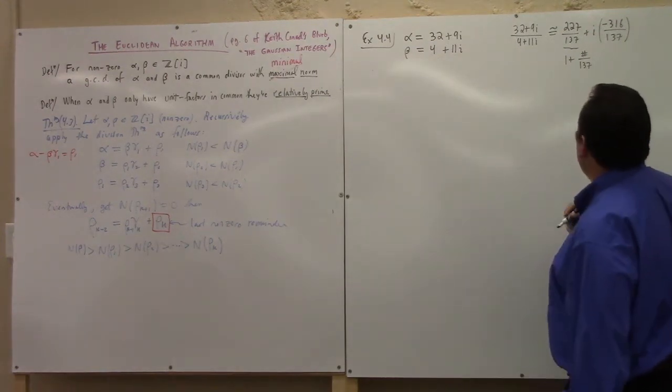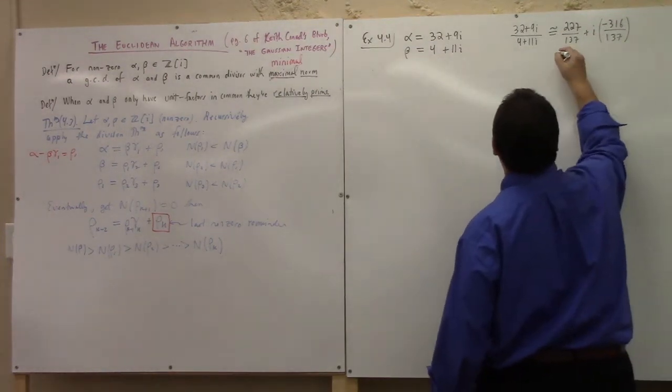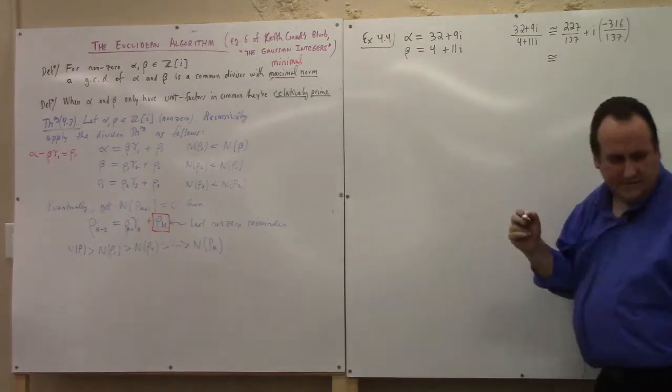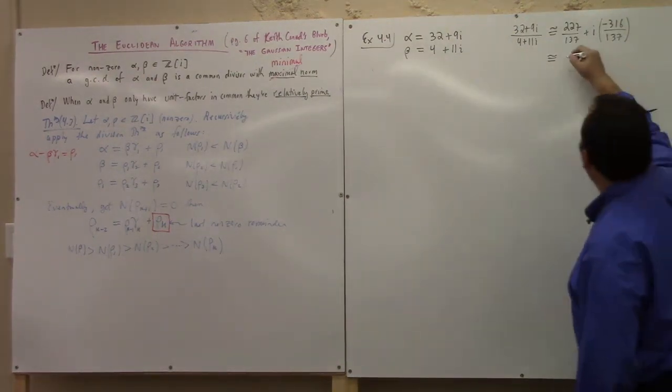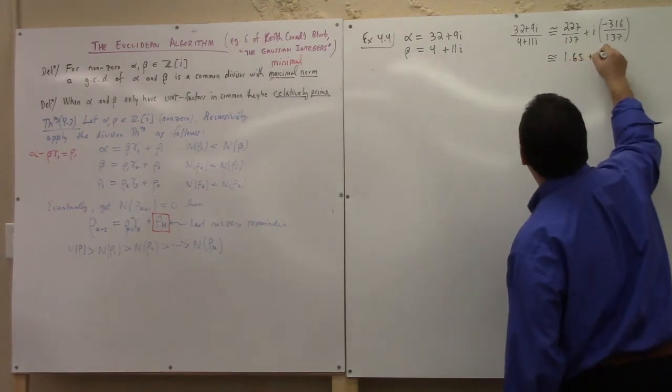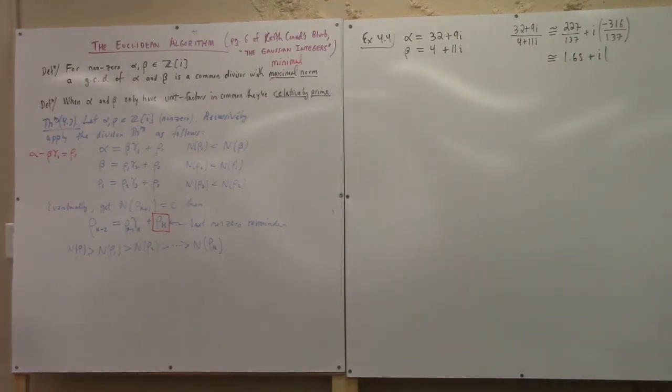Oh goodness, let me stop this. The whole point was to make this easier. So this is approximately, I just have a bad memory, 1.65 plus i times 2.31.